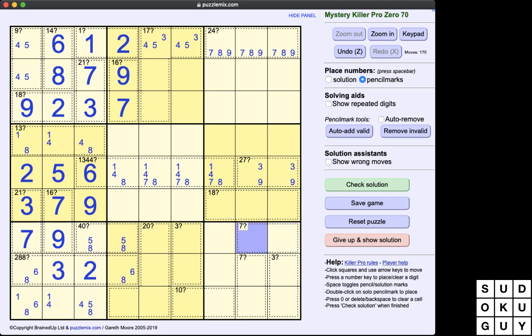I said 1 and 8 is an option, but 8 has to go in one of these 2 spots. So 8 is taken for the row. It has to be added. It's either 1, 6 or it's 3, 4. That's not bad. Not many options left for a 2. One of these 3.